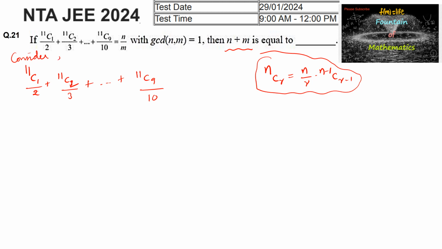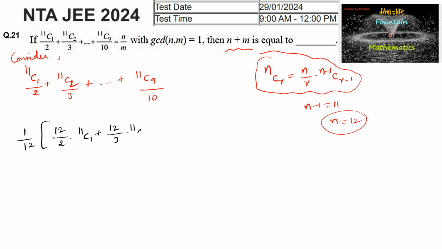So here let us consider n − 1 = 11, so n = 12. So let us multiply and divide by 12. 1/12 times (12/2 × 11C1 + 12/3 × 11C2 and so on + 12/10 × 11C9).